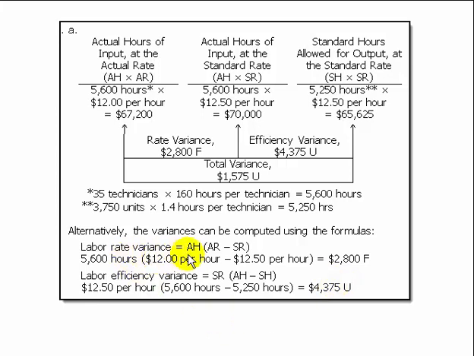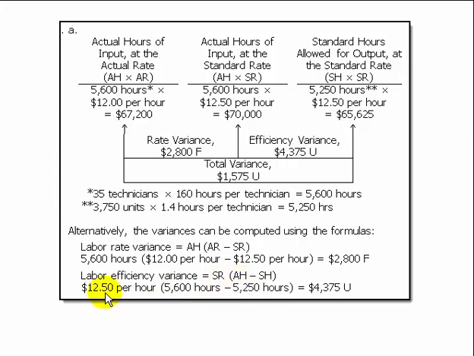Okay, now you could also solve this using the alternative method, right? Labor rate variance would be equal to the actual hours times the difference in the rates. So 5,600 hours that we calculate here times the 50 cents difference in the rate is $2,800 favorable. The labor efficiency variance is equal to the standard rate times the difference in the hours.